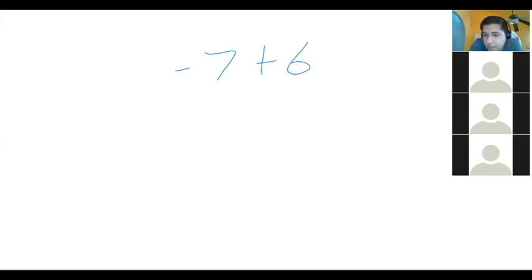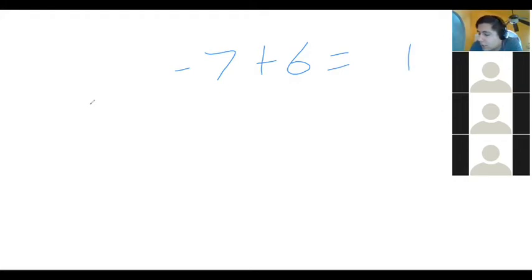Another way to look at it is, when we have two different symbols, what do we have to do? Do we have to add them or subtract them? We have a negative and a positive. We subtract them. So -7 plus 6 means we subtract, and the difference between those is 1.